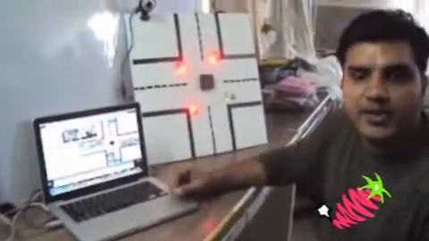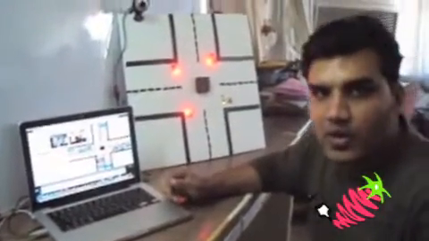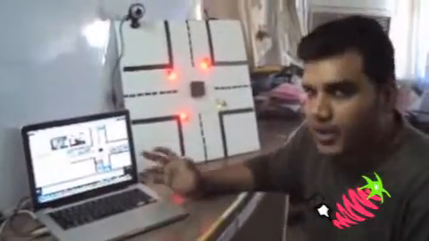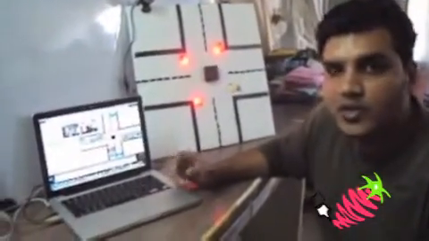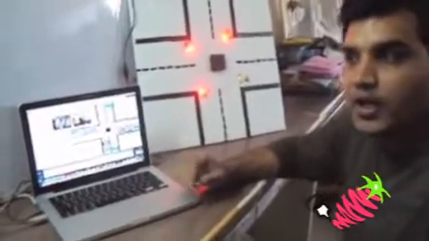Since they are low-cost cameras, the final output is also a low-cost one. The basic aim was to actually create a very low-cost solution which can be implemented on a huge scale.